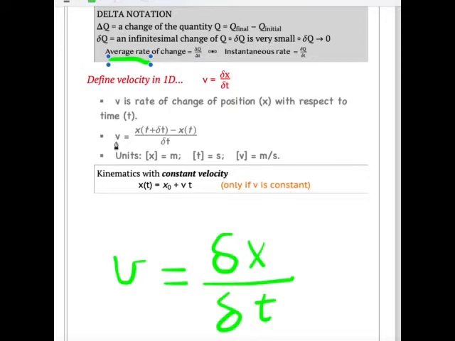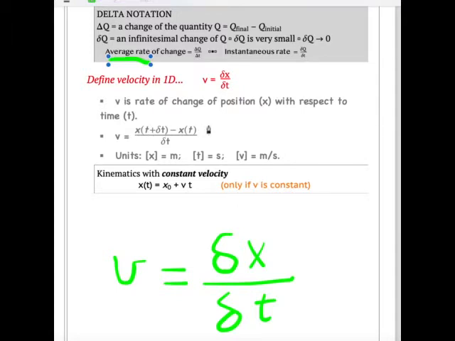So, for example, v is the position at t plus delta t minus the position at time t, divided by delta t. It's the change in position as the particle moves from x at time t to x at time t plus delta t.